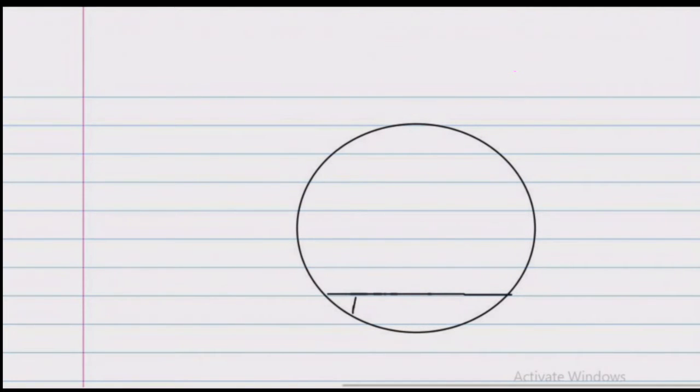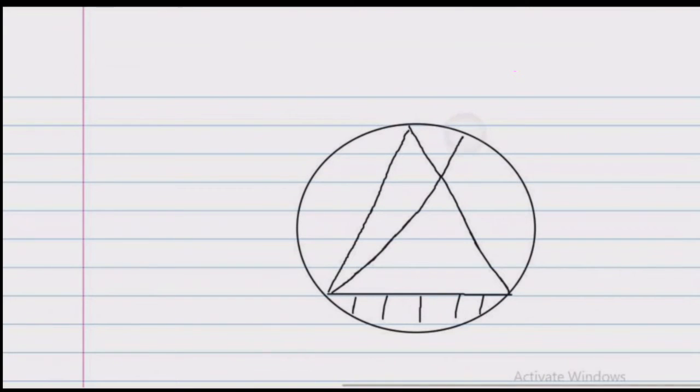If this is my arc, and then I subtend an angle over there, and then I subtend another angle over there, and then let me have my center. I will call this arc AC. This would be my arc AC.